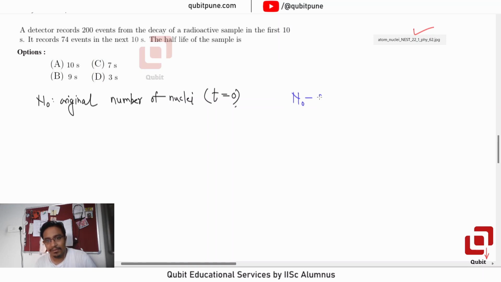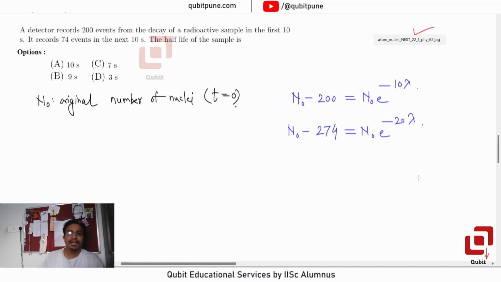n0 minus 200 is equal to n0 e raised to negative 10 lambda, and then I can write n0 minus 274 is equal to n0 into e raised to negative 20 lambda.